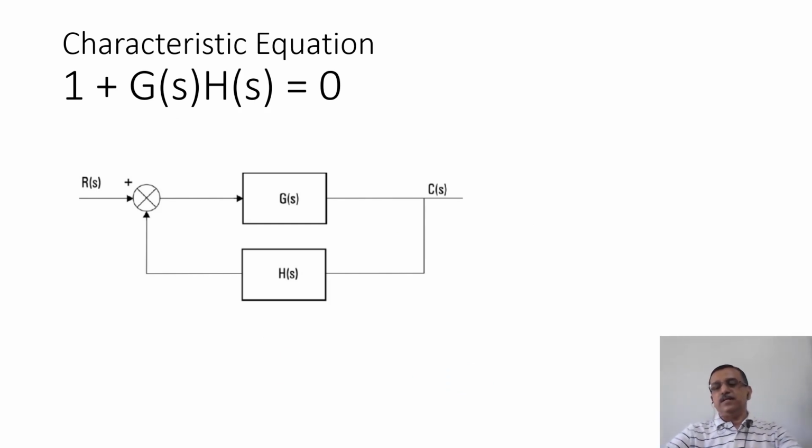So 1 plus GsHs equal to 0 is called the characteristic equation. And the roots of the characteristic equation are nothing but the closed loop poles. That is why the characteristic equation is important. If you know Gs and Hs, you can find the characteristic equation. If you have a complicated system, the denominator polynomial equal to 0 is called the characteristic equation.